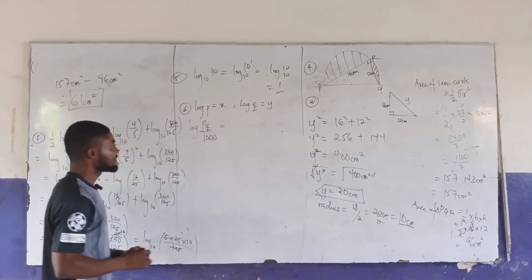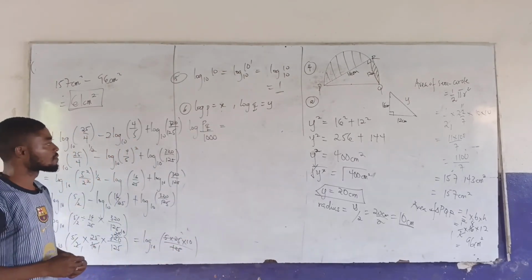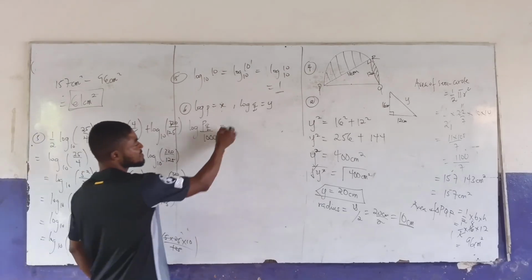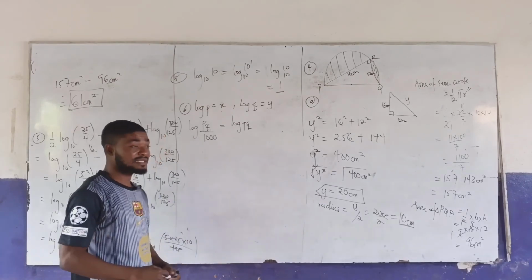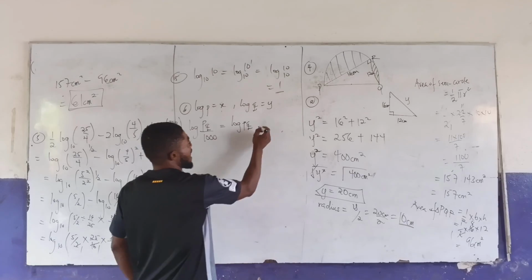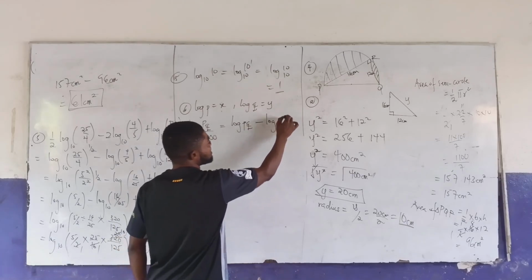This is very straightforward. From the laws of logarithms, this is log pq, and since there is no base given, it is base 10, minus log 1000.